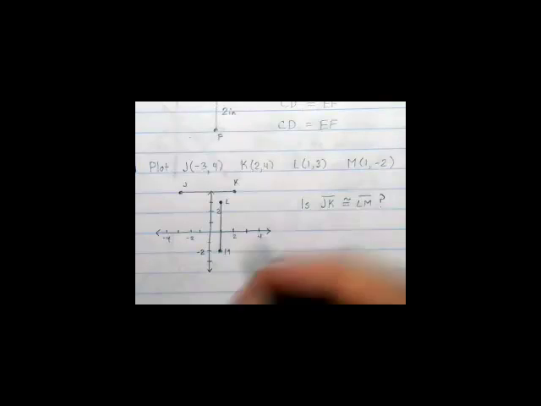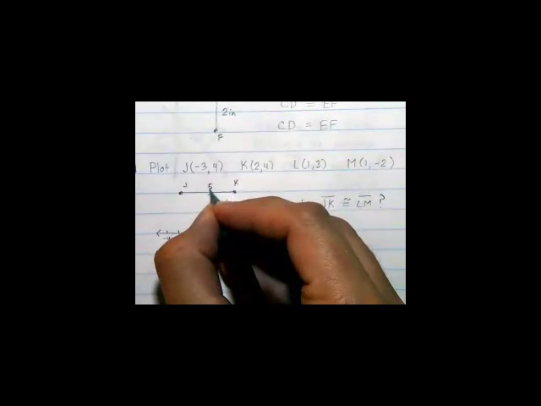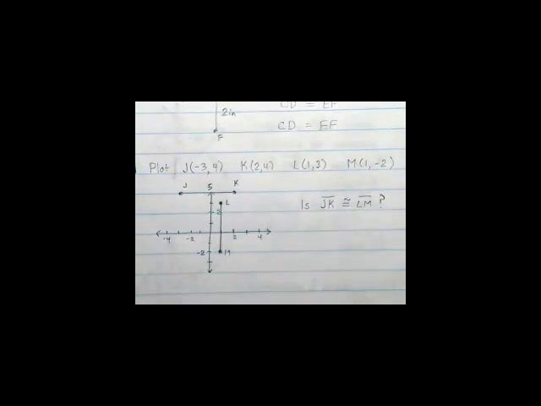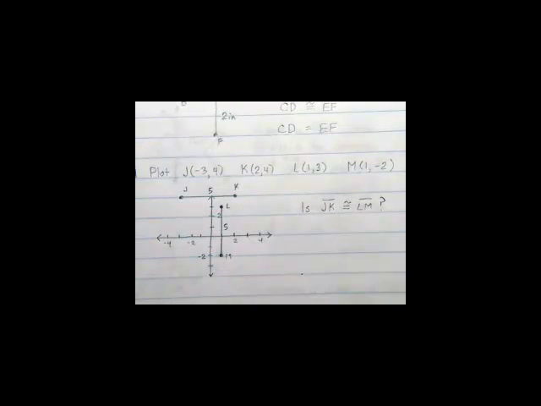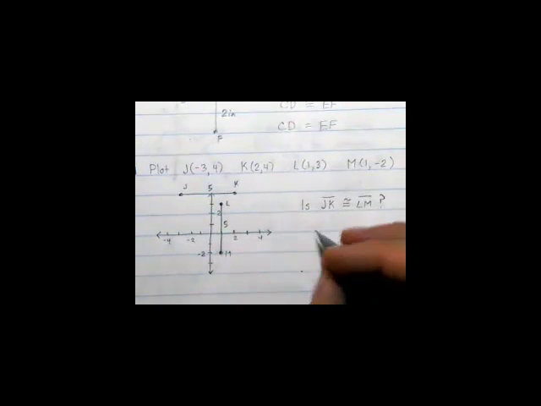What about LM? We can measure that as well. How long is LM? 5. Just count it up and down, right? Don't need to worry about what the numbers are. Just count the tick marks if you labeled it right. 1, 2, 3, 4, 5. Okay, so do we have congruent segments? Yep. That was easy.